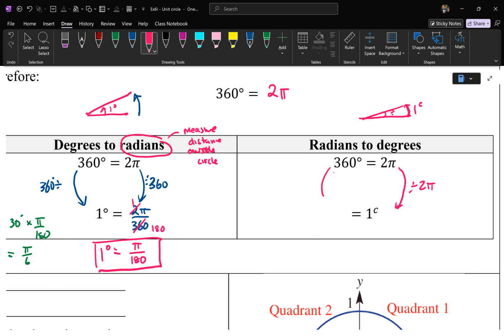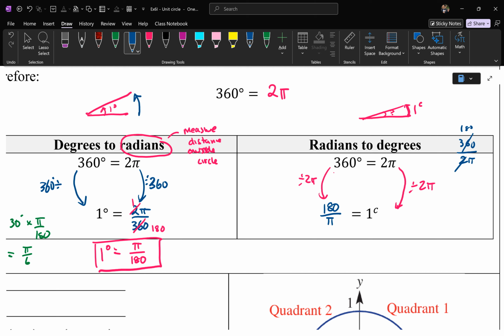So on this side, I divide by 2 pi, and what you get is 360 divided by 2 pi, simplified is? Yeah, but simplified? 180 over pi. I just skipped a step there. 360 over 2 pi, we can see that 360 divided by 2 is 180, so 180 on pi.